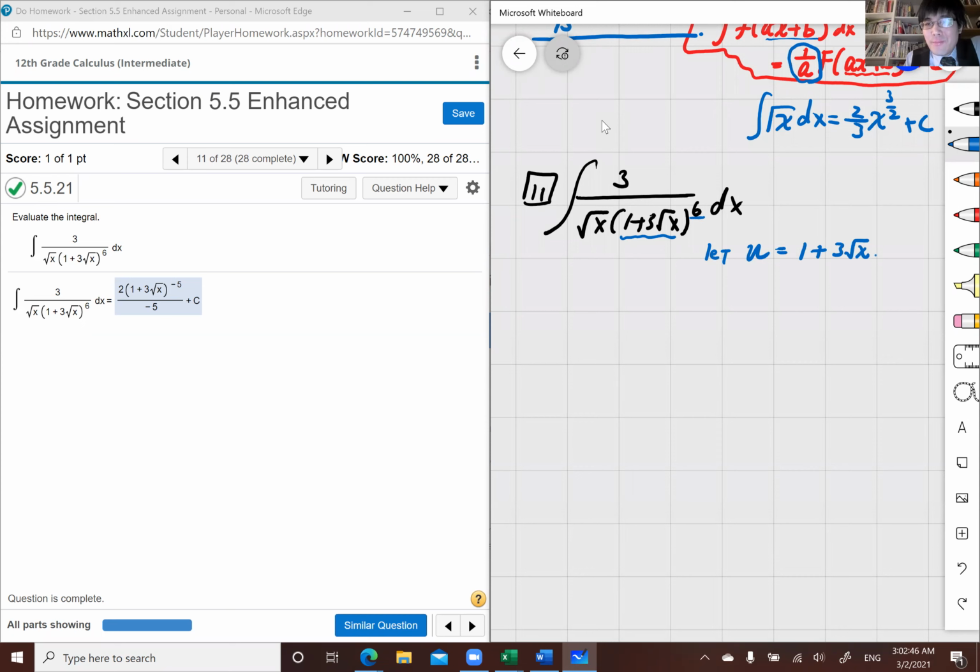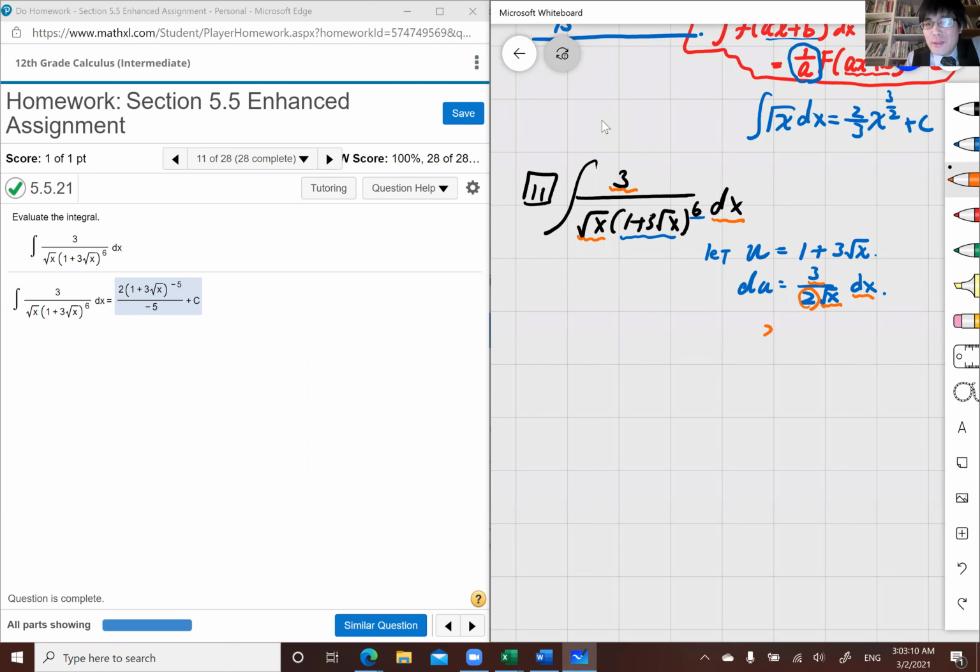Then du is 3 over 2 square root of x dx. And you see that this part is basically here, 3 over square root of x dx. The only difference is a constant multiple of 1/2.